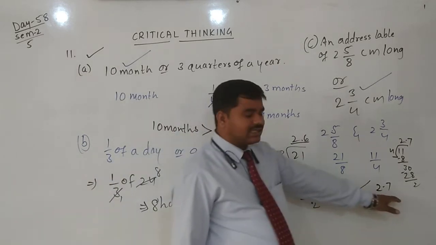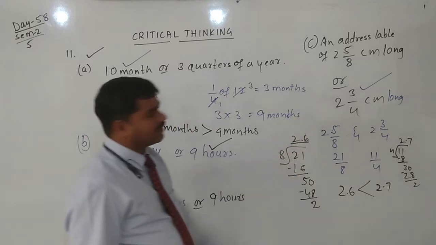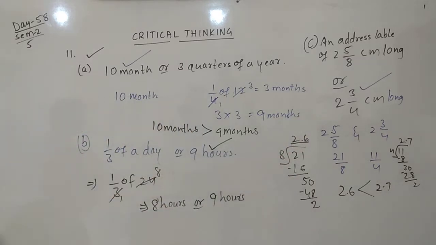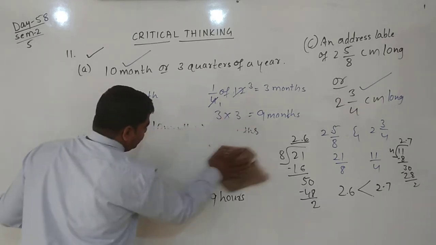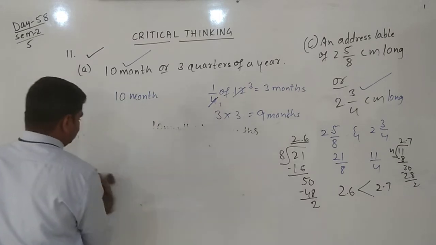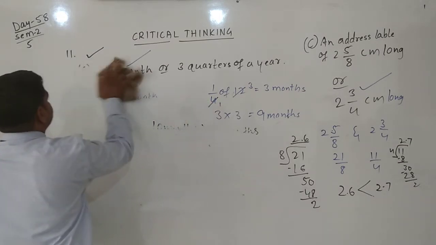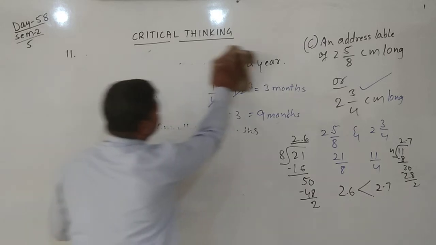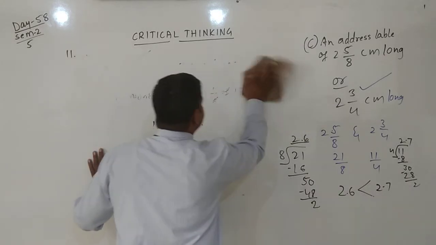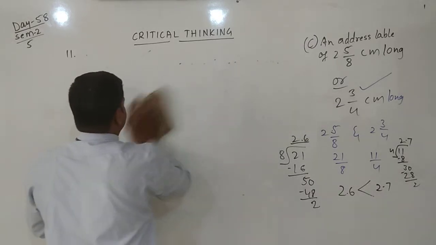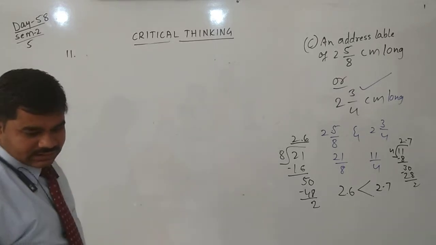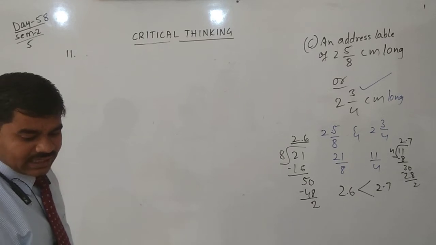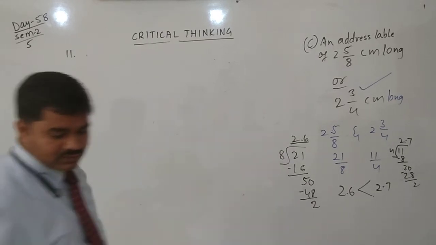Then 2.7 is greater than 2.6 automatically. In question number 11, there is no D, only 3 are there. Then you can write this one also.